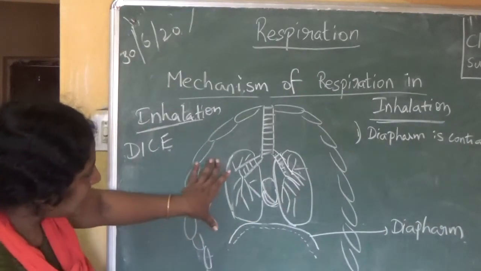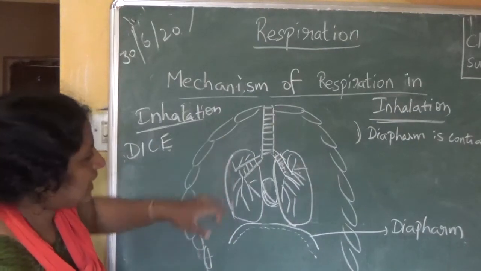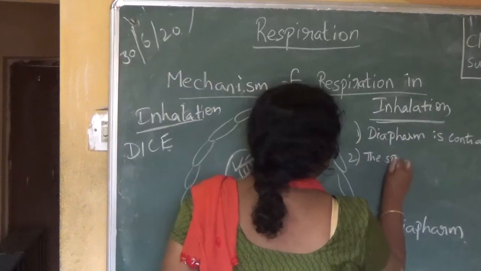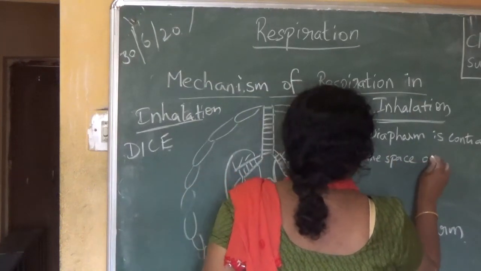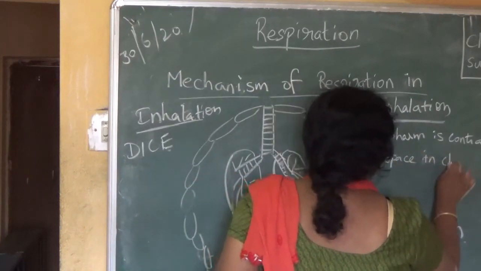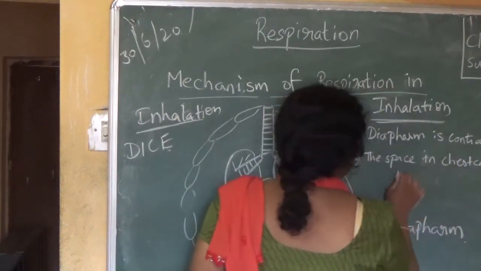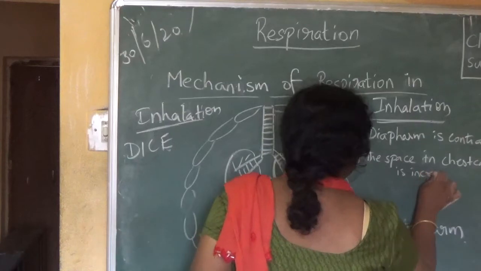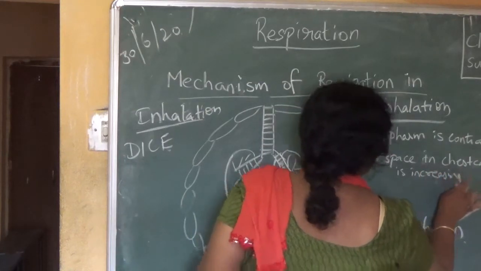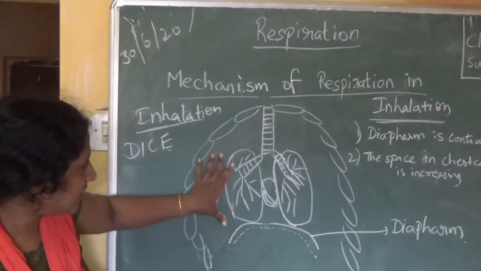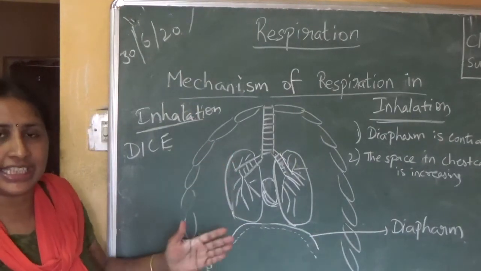See, the space is increasing. The space in the chest cavity is increasing. Okay? So understood? So when the diaphragm is contracting, the space in the chest cavity is increased.